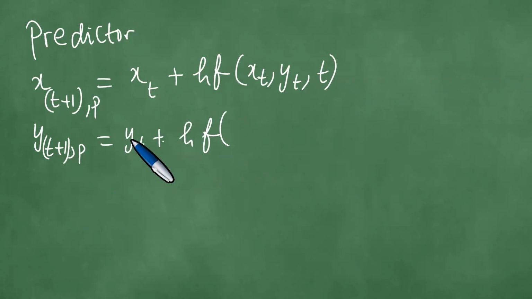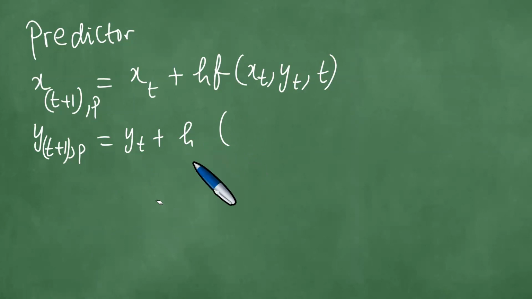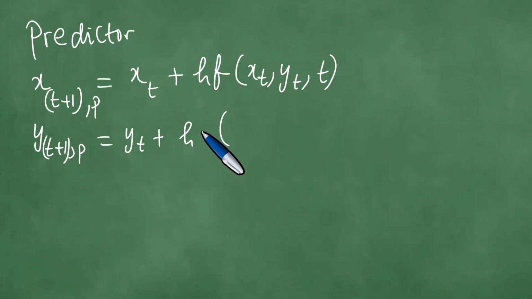In other words, this one has two differential equations, so we're going to have two equations for the predictor, g here of x_t, y_t, together with t.